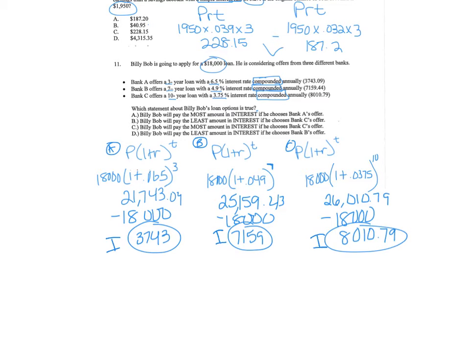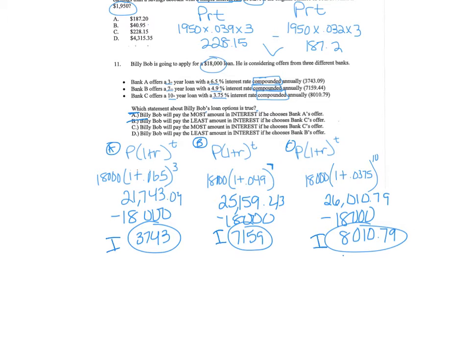So let's look at the answer choices. A, Billy Bob will pay the most interest if he chooses bank A. When I look at bank A, it's 3,000, bank B is 7, and bank C is 8. So that would not be the most interest. That's actually the smallest number. B, Billy Bob will pay the least amount of interest in bank C. We've already decided that that wasn't right because that's actually our largest.